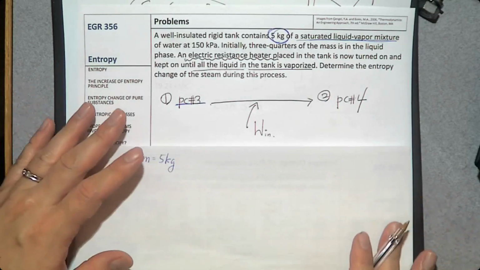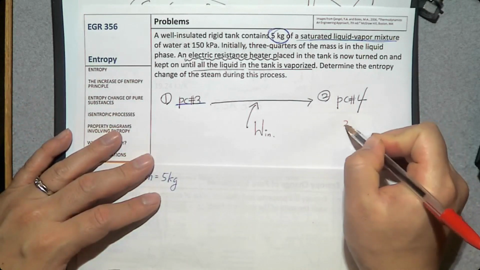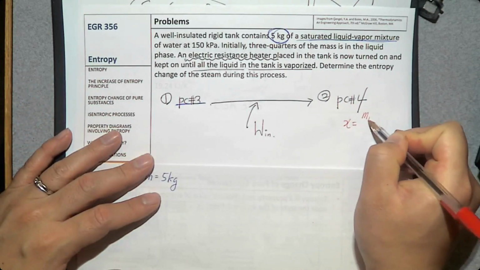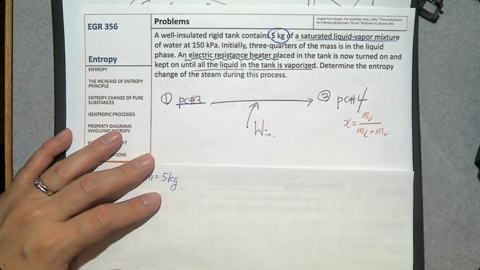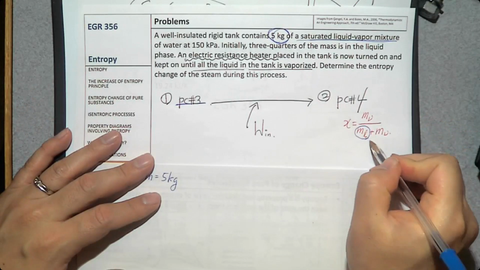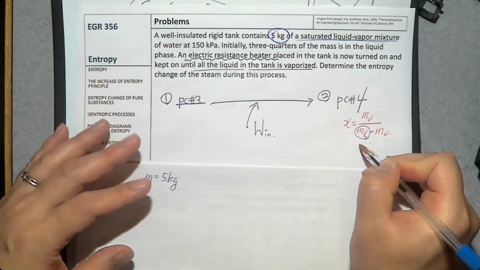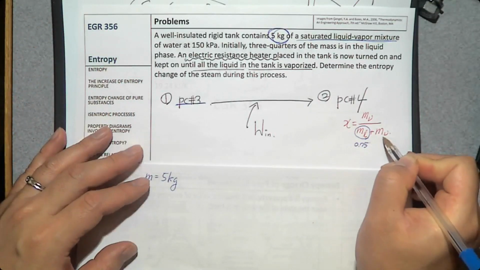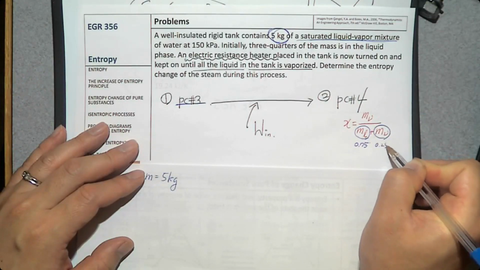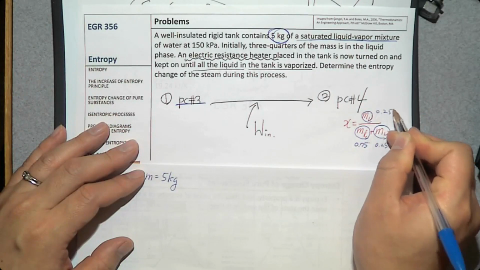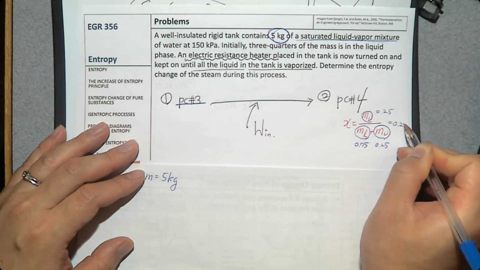If you want to use a mathematical form, you can say quality X is mass of vapor over mass of liquid plus mass of vapor. So what is the amount of the liquid? 3/4, 0.75. What is the amount of the vapor? 1/4, 0.25. So you get 0.25, right?